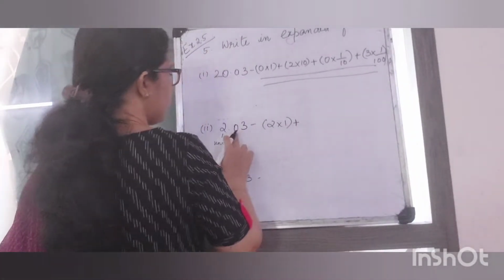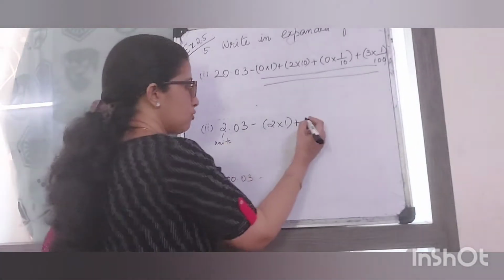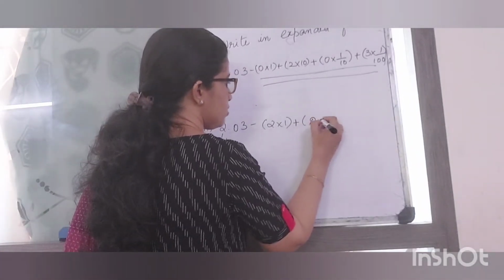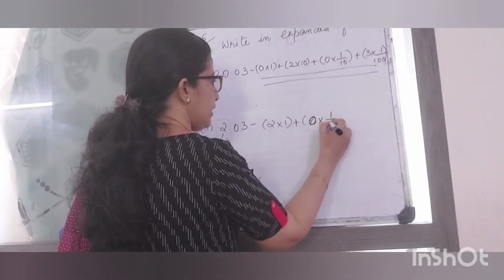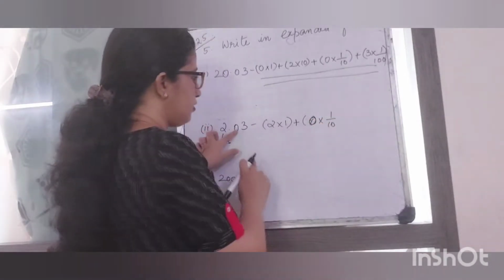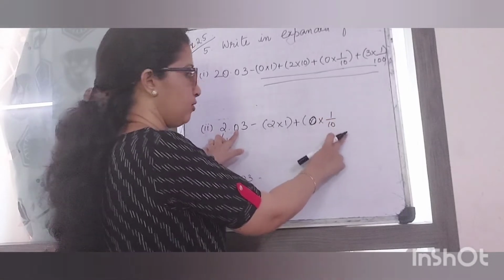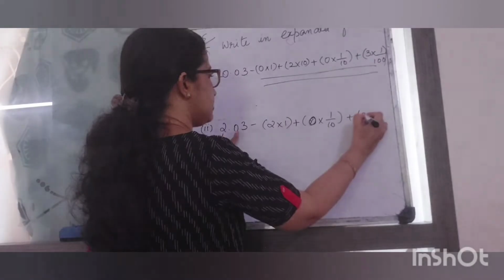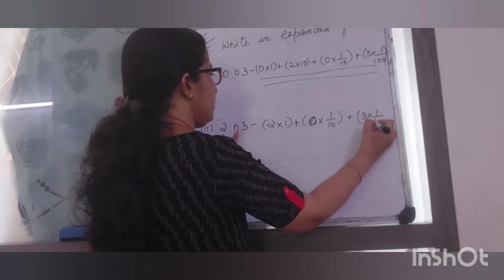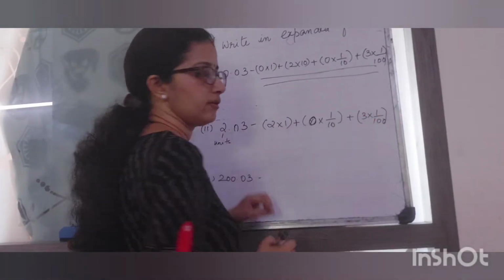Decimal part is, first digit is 0. So what should we write? 0 into 1 by 10. The first digit we will write as 1 by 10. 0 into 1 by 10 plus 3 into 1 by 100.